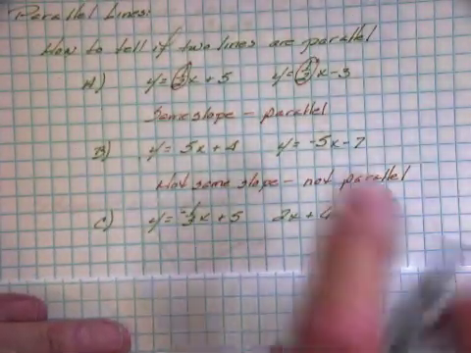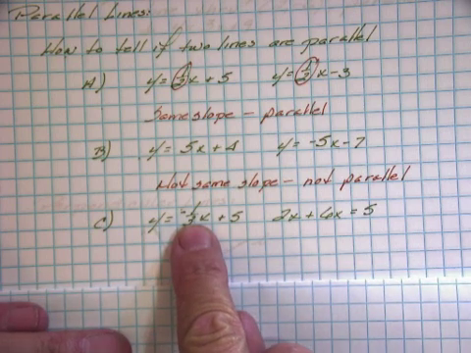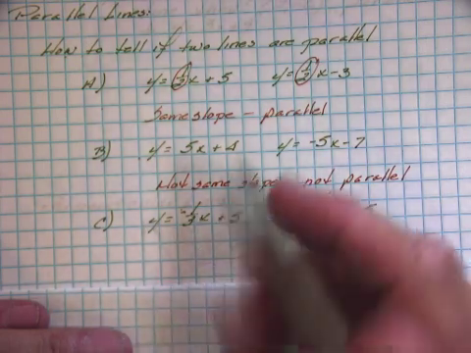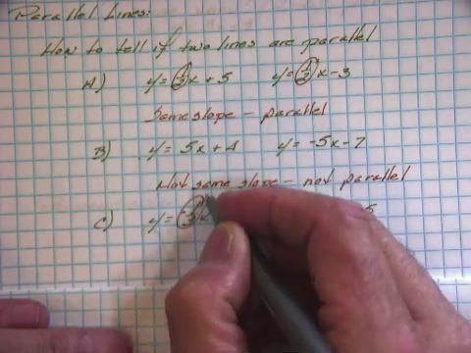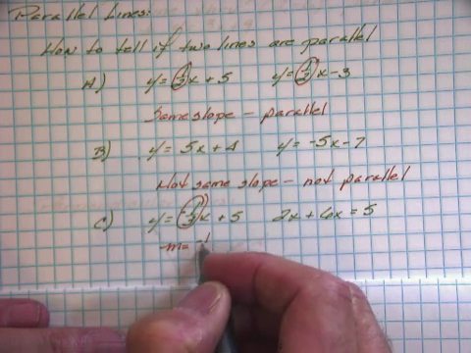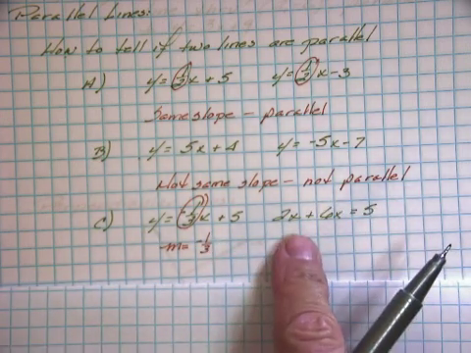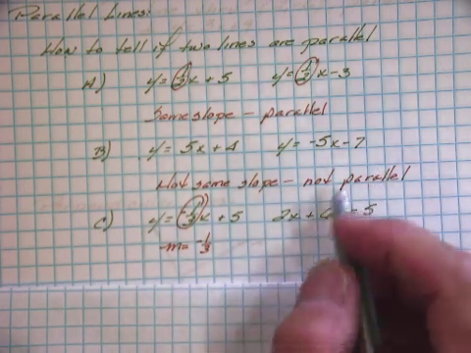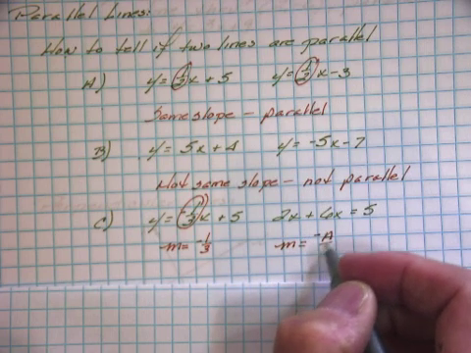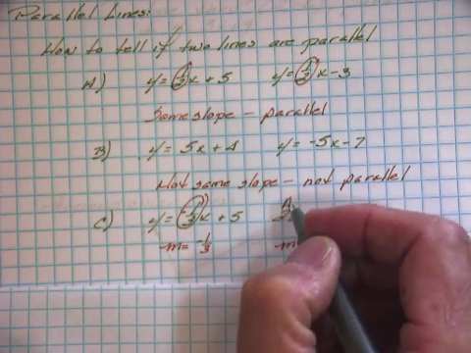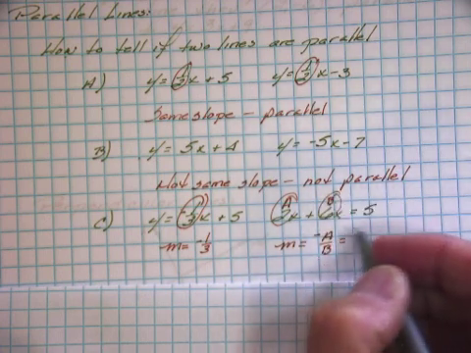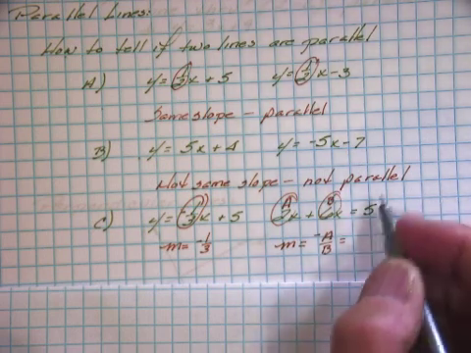But what happens if you get something like this, where you've got one equation in slope-intercept form and another one in standard form? The slope in the slope-intercept version is very easy: m equals negative 1/3. Over here, if you remember correctly, in standard form, slope equals negative A over B. My A term is 2 and my B term is 6.